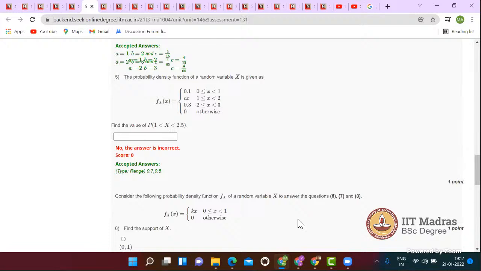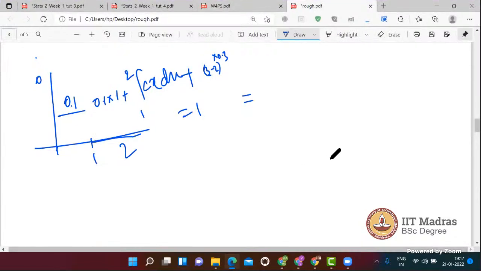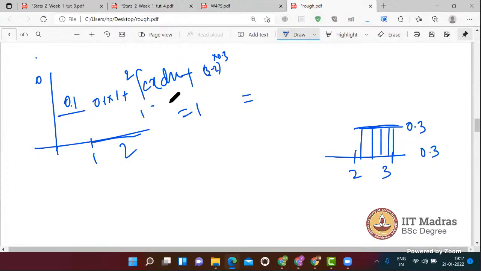For example, from 2 to 3, this value is 0.3, right? So what is the area? 0.3 into 1. Similarly, you'll calculate the area for this. It means it is uniform over 2 to 3. You can say it's uniform. Not a proper uniform overall, so it's not a proper uniform.